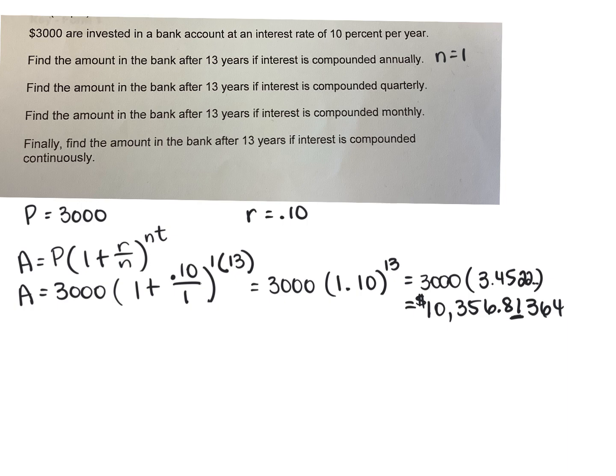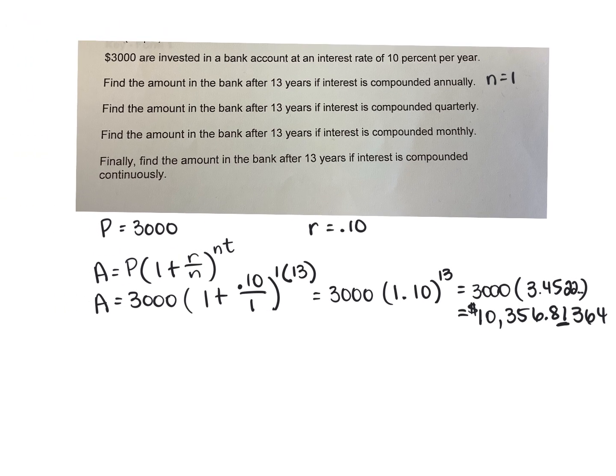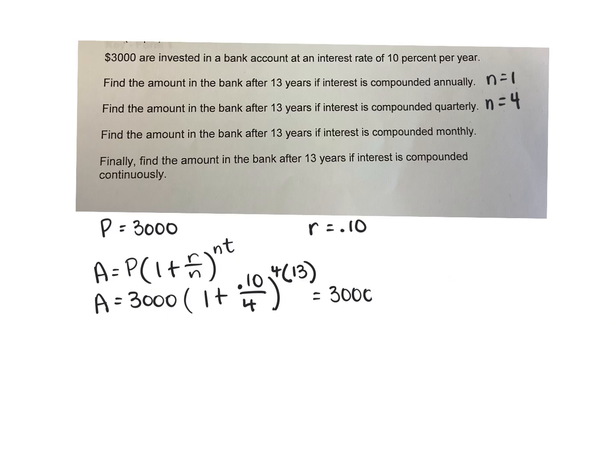$10,356.81. Now, for the other two, you are dealing with the same thing, but you're talking about it being quarterly. So what that does is change this into fours. The rest of the problem is exactly the same. It's just that you're going to take 0.10 and divide it by 4.